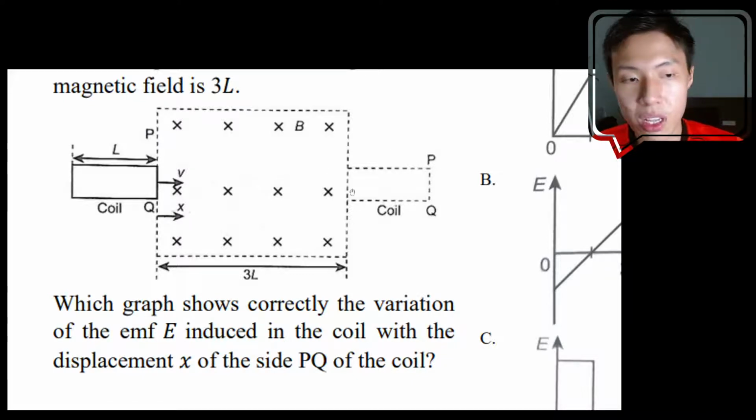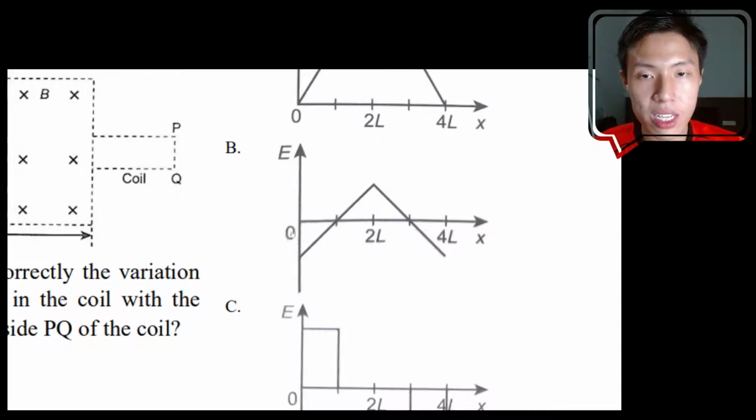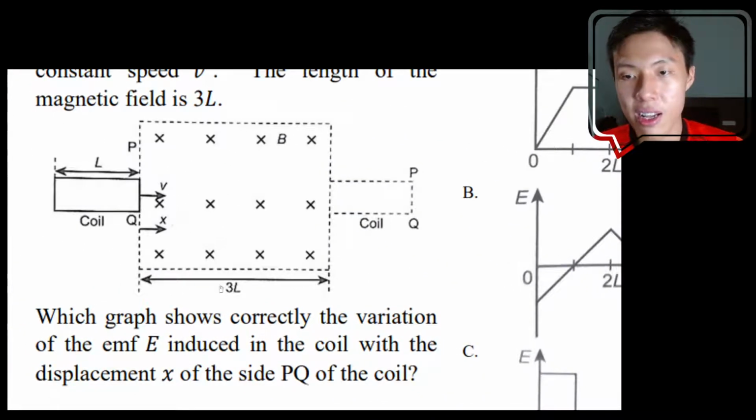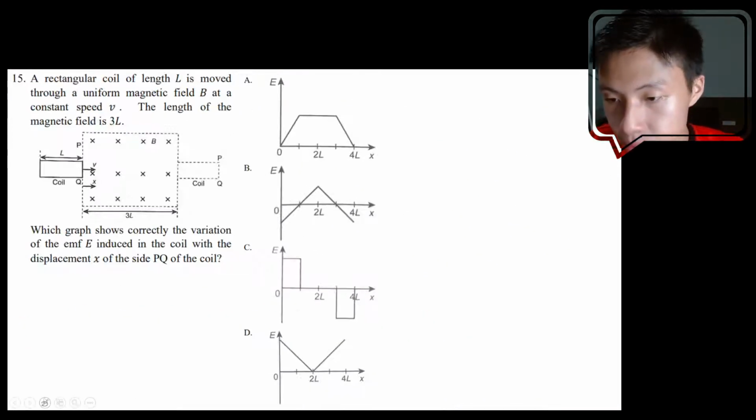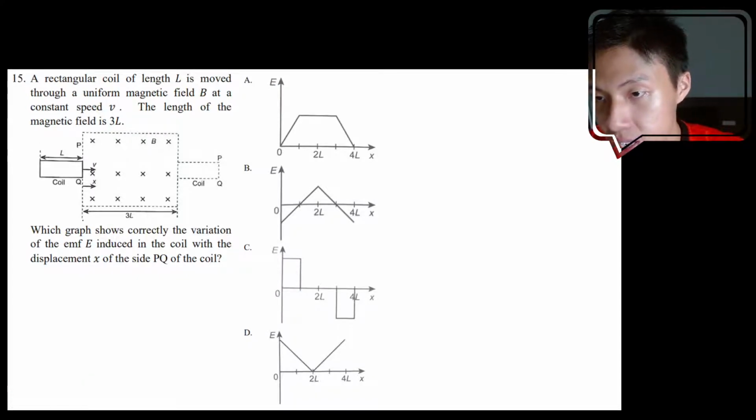So later when you see your graph of epsilon against x, your x is like this. Your x is from here to here. This point here is x equals 0. This point here is x equals 4L. So there'll be 1L, then 2L, 3L, 4L.